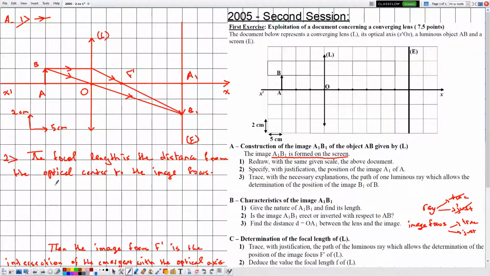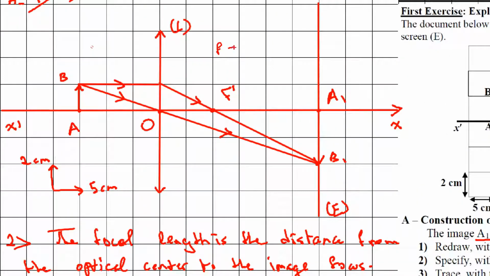Now let's calculate the focal length, which is denoted by f, and it's equal to the distance from the optical center, which is the point O, to the image focus, which is the point F prime, and we don't forget the bar because this distance may be positive or negative. So now f is equal to OF prime bar, which is the distance from O to F prime.